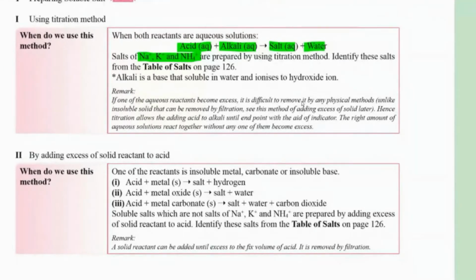Hence titration allows adding acid to alkali until the endpoint with the aid of an indicator, so the right amount of the aqueous solutions react together without either becoming excess. Meaning there must be equivalent amounts, so they are easier to handle to form the salt later on. Any question you want to ask for this?